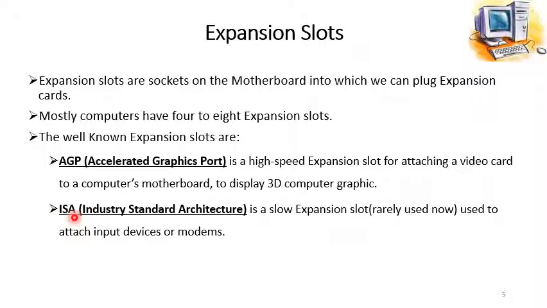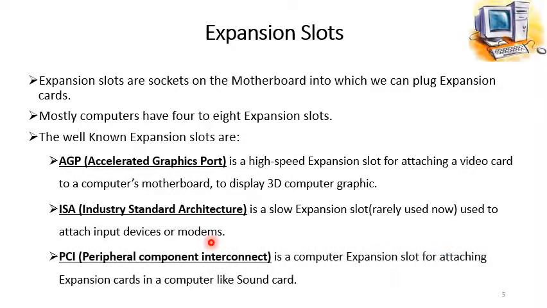ISA. This is the second most commonly used expansion slot in the computers, but nowadays it is used very rarely because this is an old technology. ISA stands for Industry Standard Architecture. Is a slow expansion slot, rarely used now, used to attach input devices or modems. PCI.